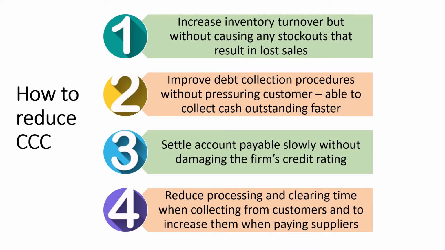All right, how to reduce the cash conversion cycle? Because for a company to be efficient, they need to reduce the cash conversion cycle. The sooner they get the cash money, the more efficient the company is. Okay, how to reduce? Number one, increase inventory turnover, but without causing any stock outs that result in lost sales.